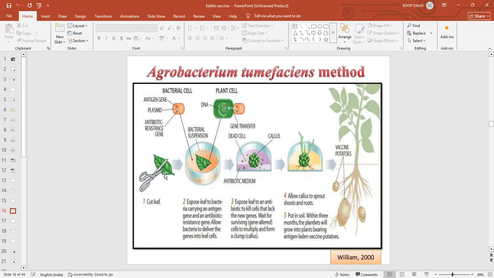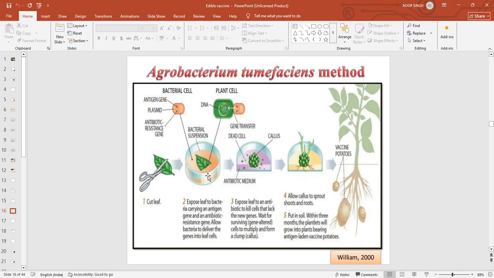You cut the leaves and expose the leaf to the bacteria carrying an antigen gene and an antibiotic resistance gene, allowing bacteria to deliver the genes into the leaf cells. So here this is the agrobacterium, in which the antigen gene of a particular pathogen is introduced, and then it infects the leaf disc.